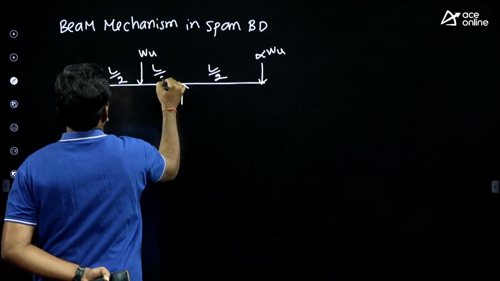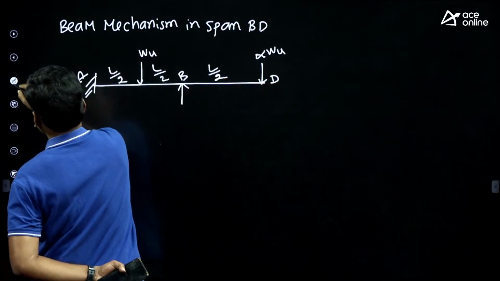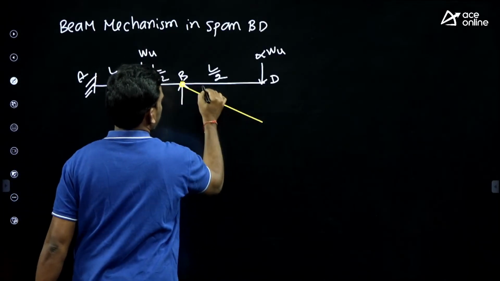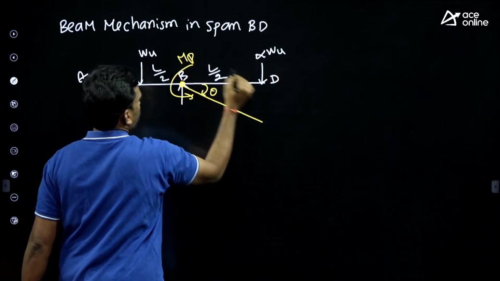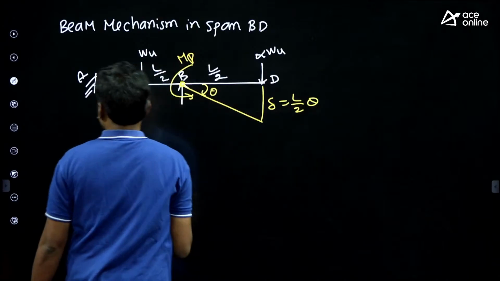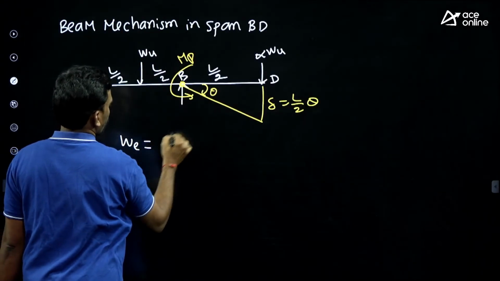So where to provide the plastic hinges to get the mechanism only in span BD? Provide plastic hinge here. It will deflect like this. This is the rotation and this is the plastic moment and this is the delta. What is delta here? L by 2 into theta. So what is external work done here?